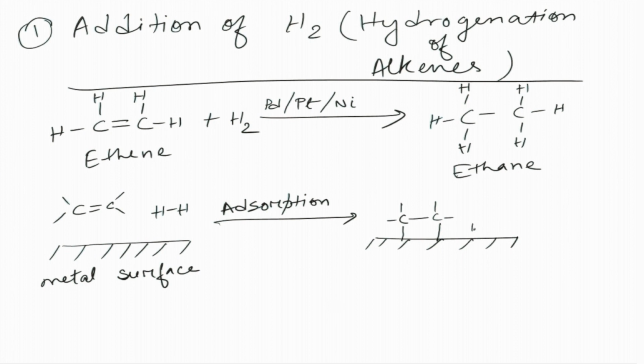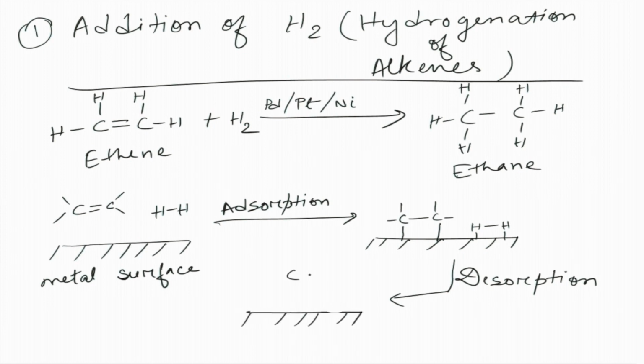Hydrogen also gets adsorbed on the metal surface. Now the next step is desorption. In this step, these hydrogens get bonded to this molecule and the alkane is formed, and the metal surface is left free for more adsorption, right. So, this is the process of addition of hydrogen to alkenes.